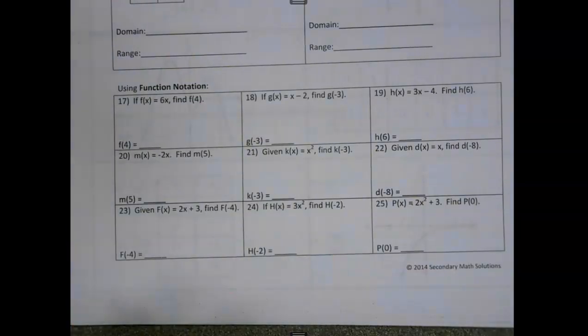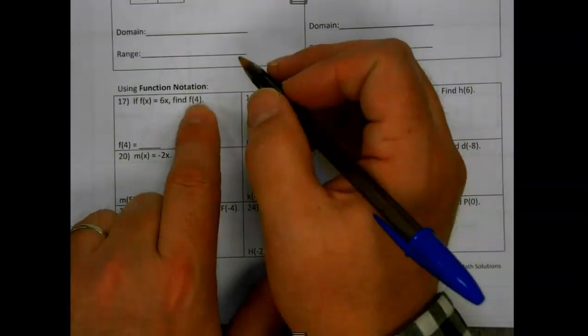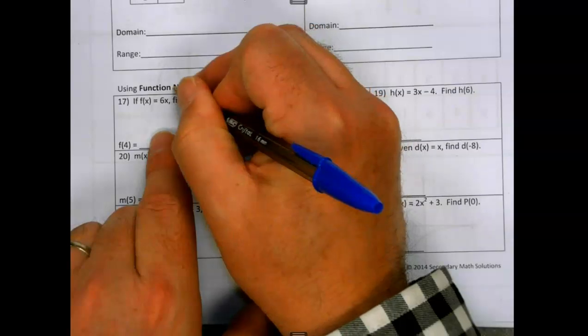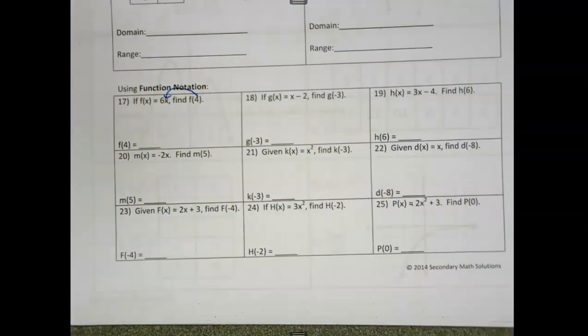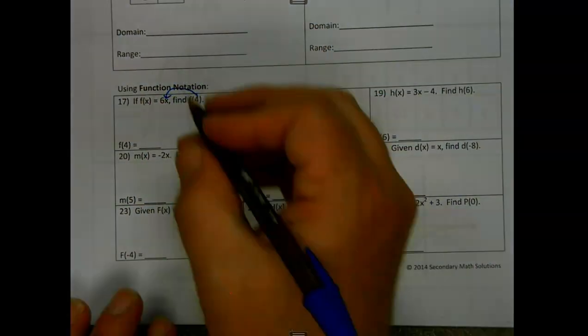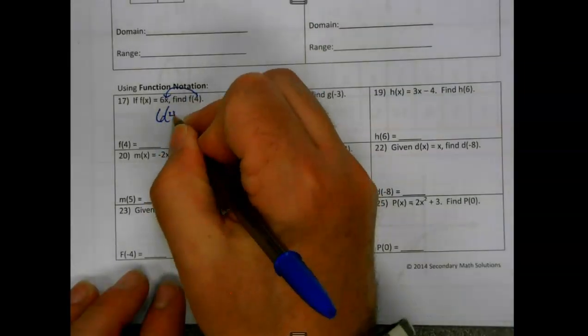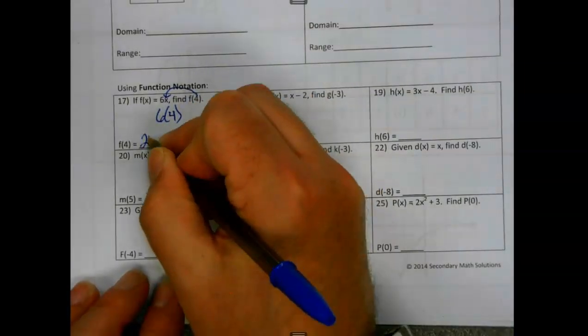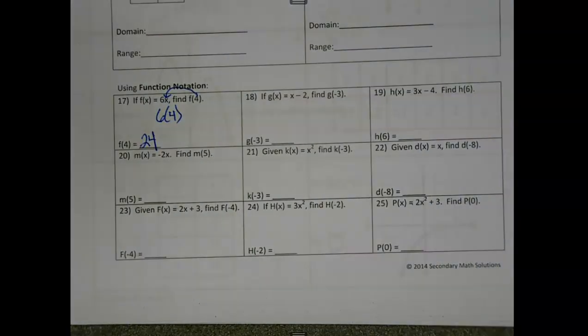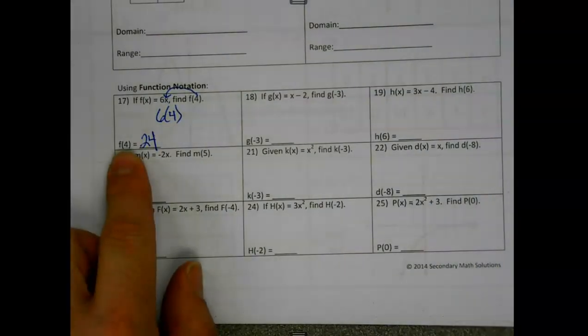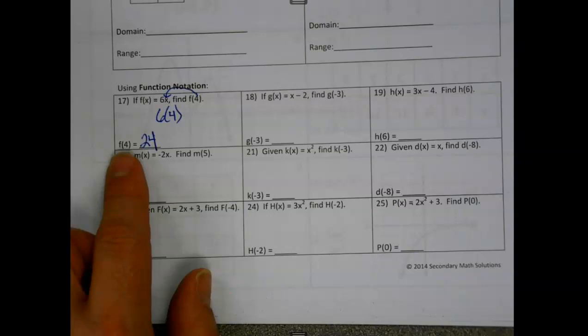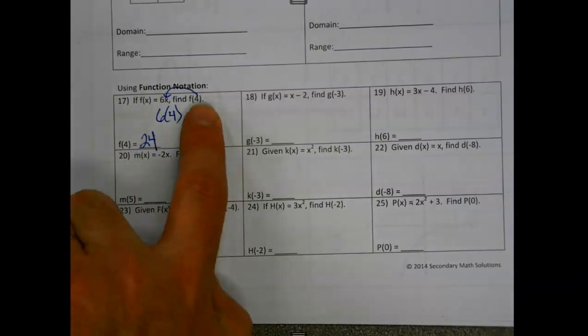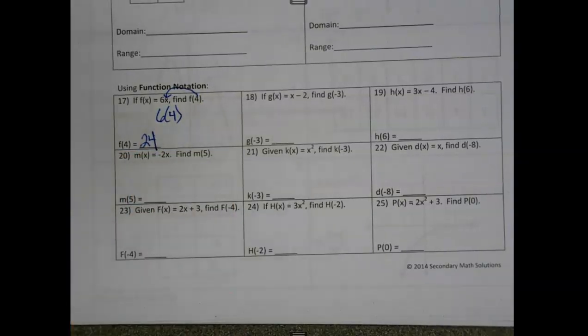All you're doing down here is taking this number in parentheses and literally plugging it in for x. So this is just 6 times 4. So f of 4 would be 24. I'm not solving anything. We're not dividing by 4. We're not trying to get f alone. We're literally just plugging the number in parentheses in and going about our business.